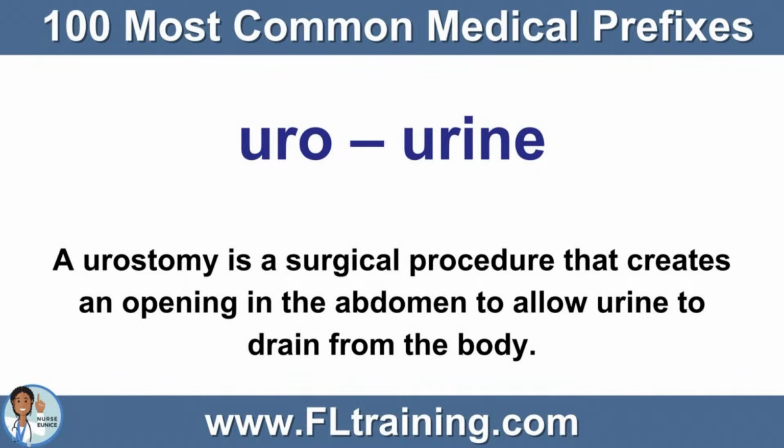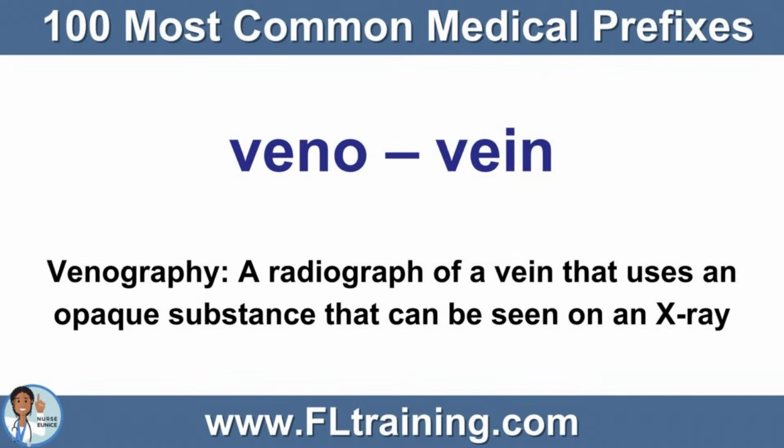So, like we have a colostomy for stool, patients could also have a urostomy for their urine. Veno means vein. Venography is a radiograph of a vein that uses an opaque substance like contrast that can be seen on an x-ray.